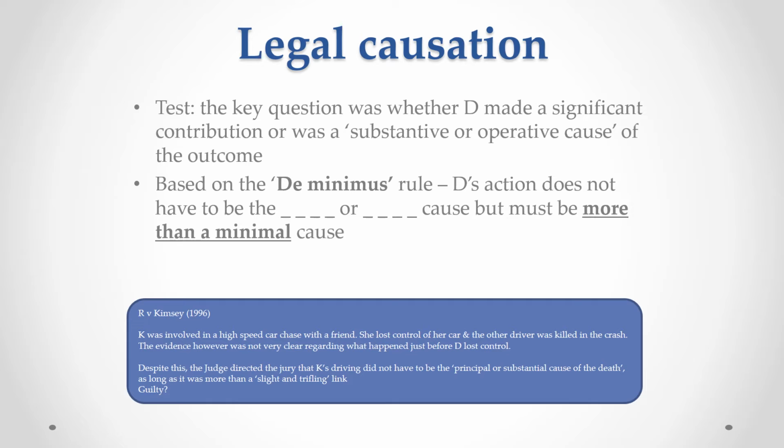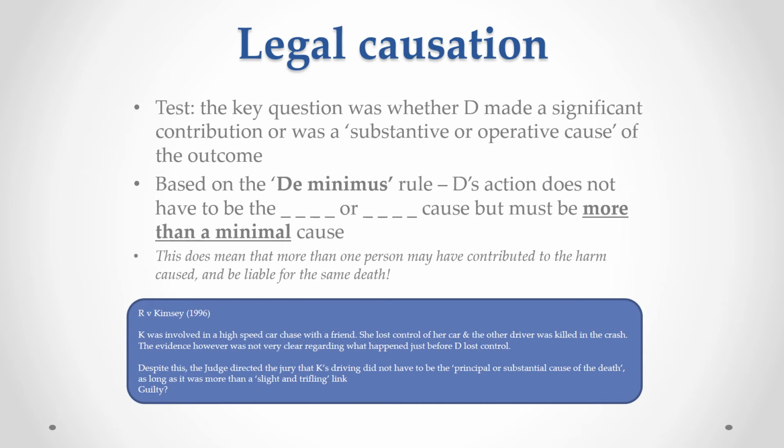We can only make that judgment based on the case and the role that the defendant had to play. And what this actually means is that more than one person may have contributed and may be liable. Because everybody who is accused of a death or injury may have had a part to play.